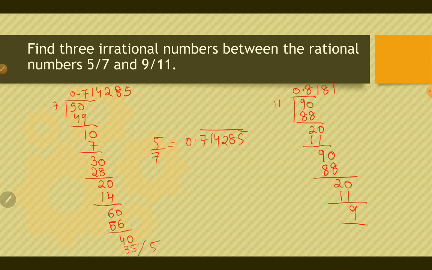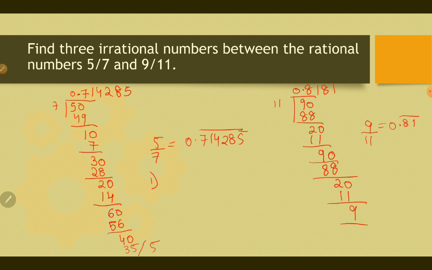We started with 9 and we got 9. We can stop here also. So 9 by 11 is nothing but 0.81 with the whole block repeating.